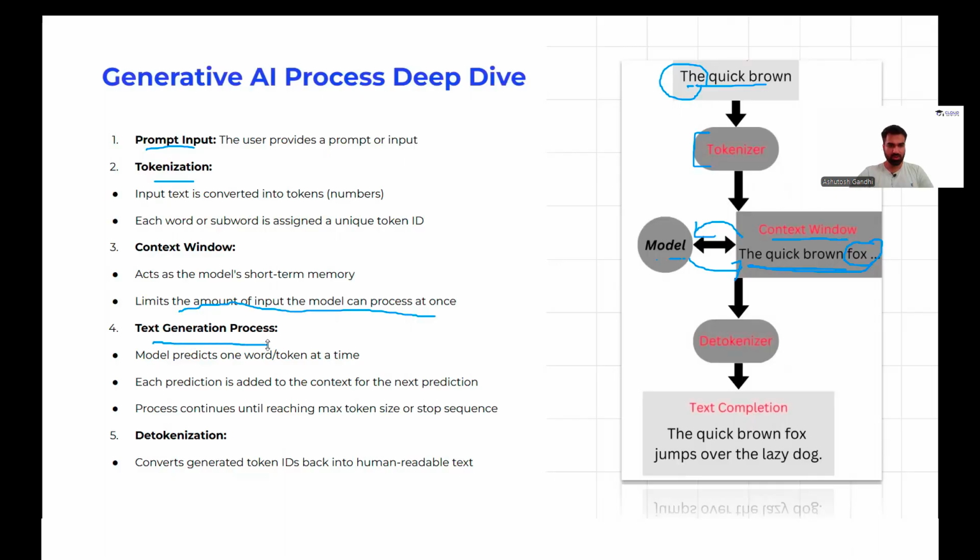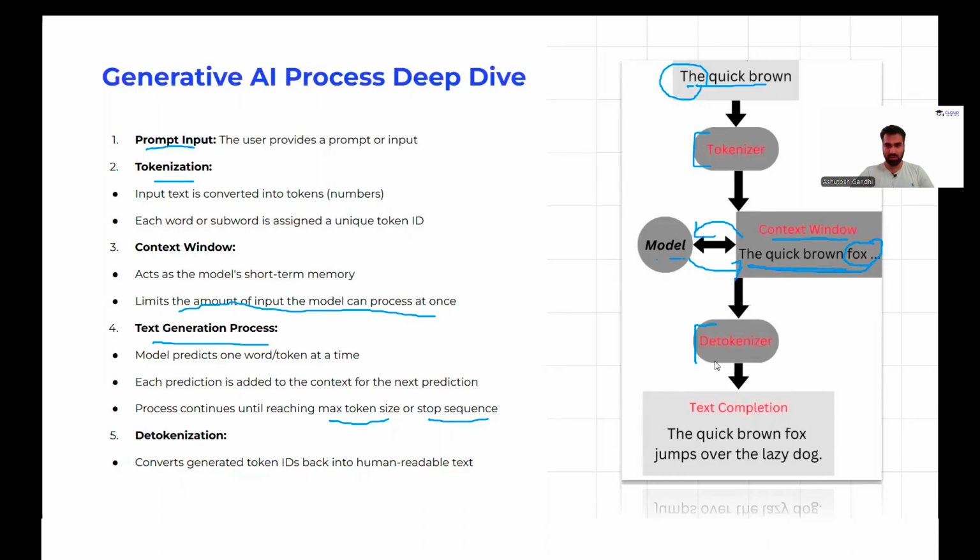This text generation process takes as input one word or token at a time. Each prediction is then added to the context for the next prediction, and this process continues until we reach the max token size or the stop sequence.